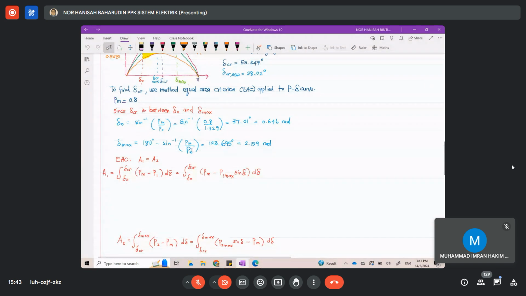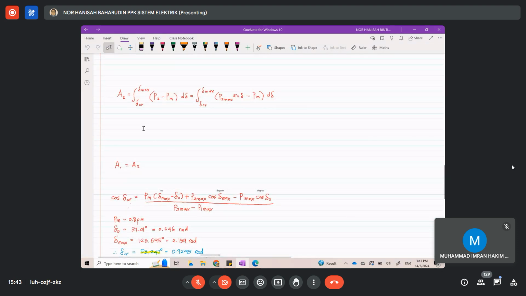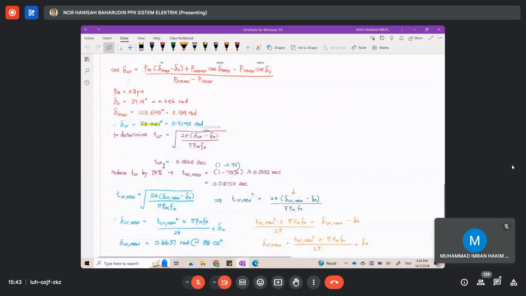Okay, by using the formula, please make sure that your calculator is in degree mode, or radian, to get the correct answer. Okay, by using the equal area criterion, I don't expect you to derive this, but it's good for you. And then by using the formula, you can calculate what is the critical clearing angle.